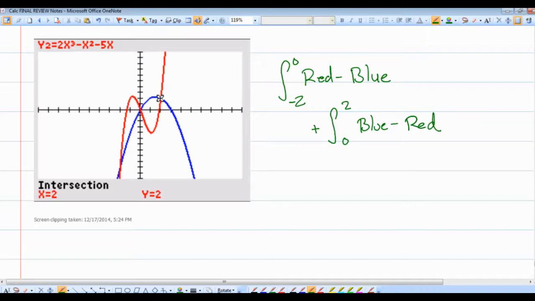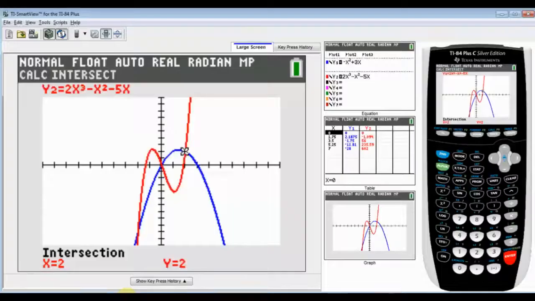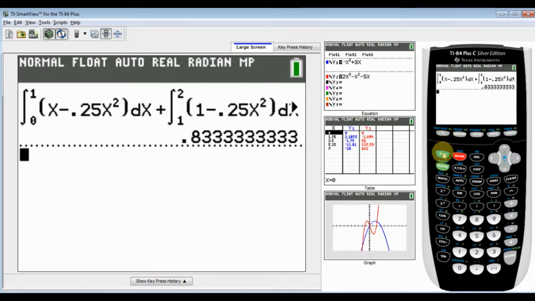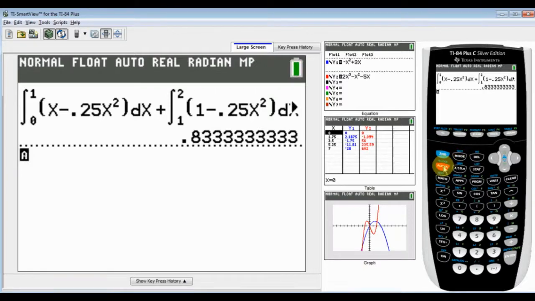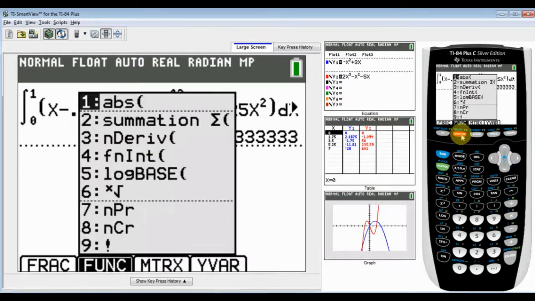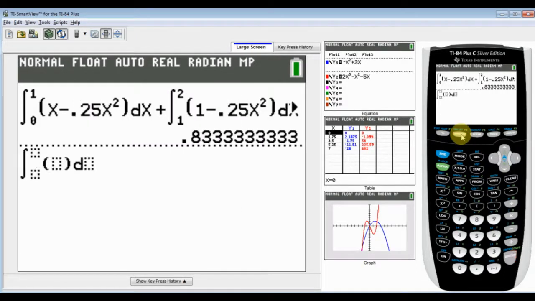Let's see. My red one is y2, right? Yeah. So if I go to the calculator now, my red one is y2. So I can integrate 2x cubed minus 5. That's the wrong menu. I can integrate from negative 2 to 0, yeah, thank you.